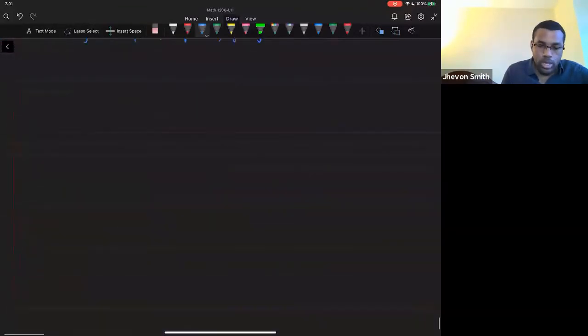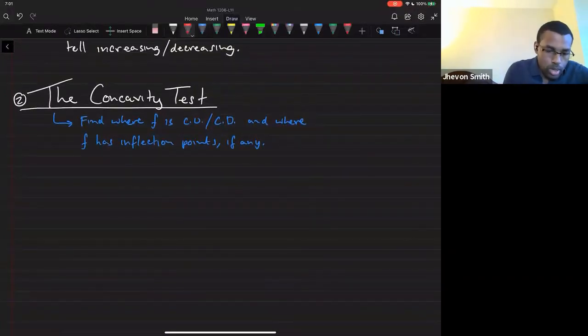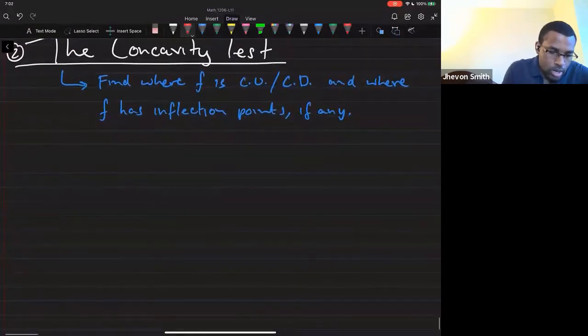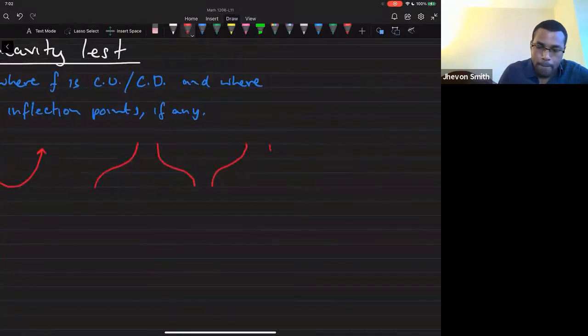Okay, so this one can identify several things. It can identify when your function looks like a frowny face, when it looks like a smiley face, or where any of these behaviors that we spoke about last time happen.